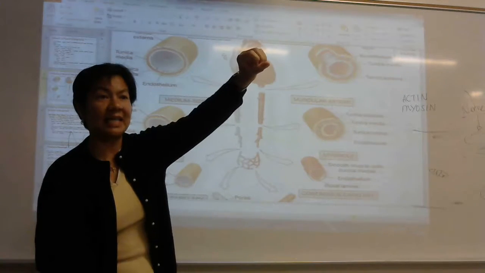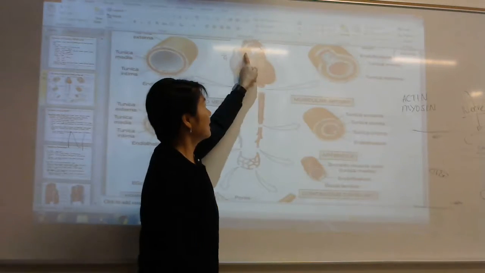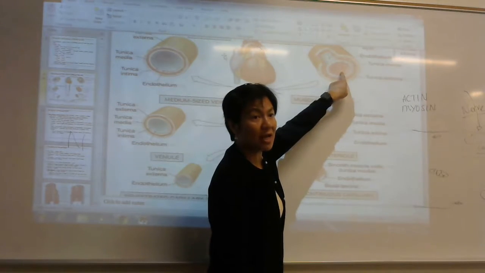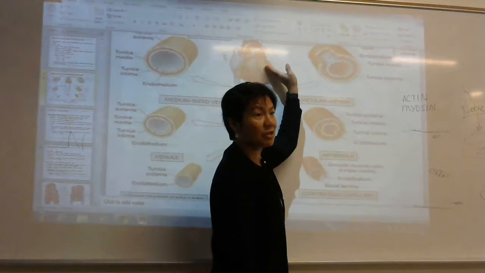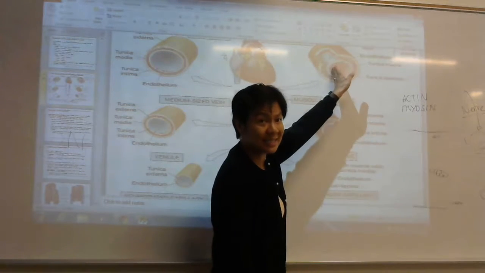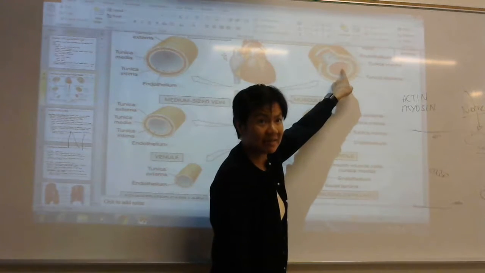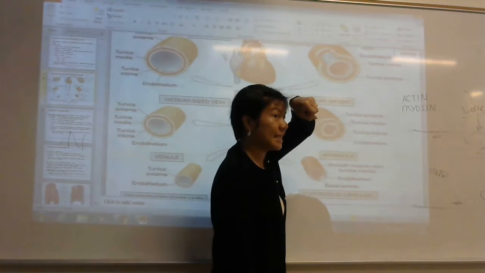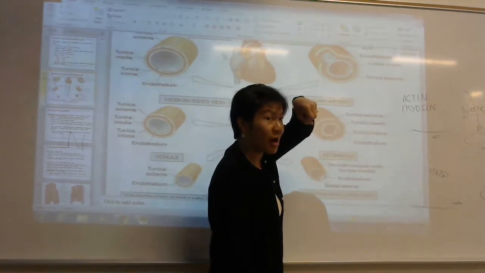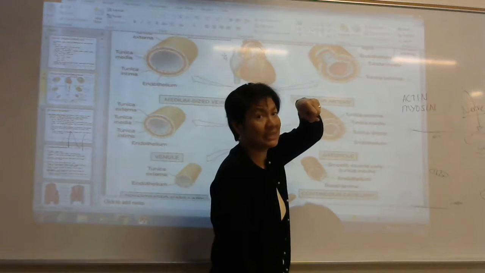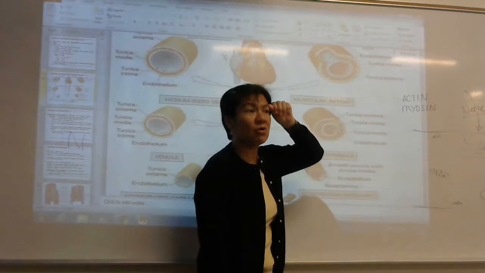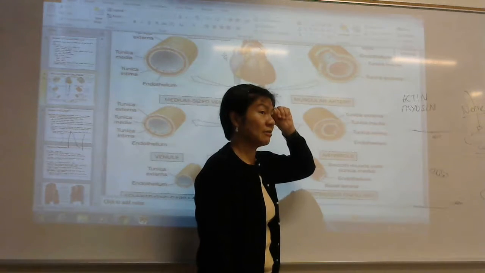If there is any constriction, like a plaque right here, the reason why we become hypertensive is because there's increased resistance. Meaning, when you decrease the diameter of the opening, you are increasing the resistance. Does it make sense? So I hope you know what resistance means, okay?